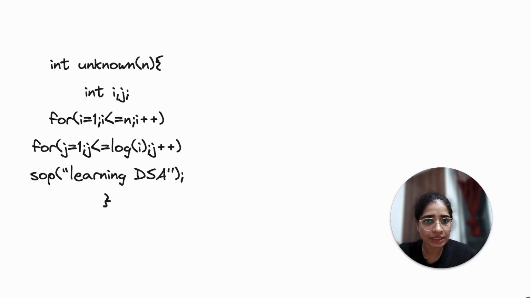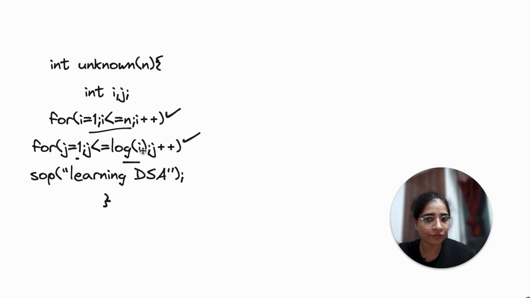If you see this, there is a first for loop which is going from 1 to n, and there is one more loop which is going from 1 till log of i. There are two ways: either you can check the first one and second one and multiply them, or the second way. For the first loop, for i equals 1, how many times will it go?